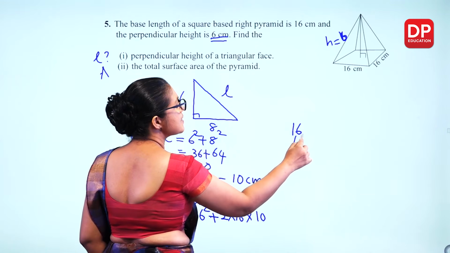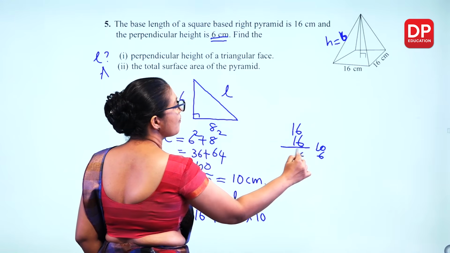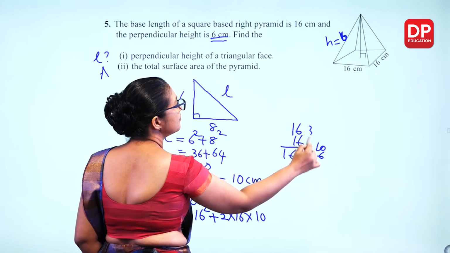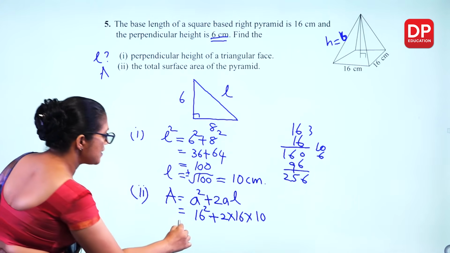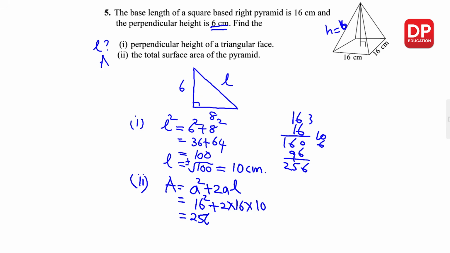You get 256. What's this one? 2 times 16, 32. 32 times 10, 320. So when you add these two together, you get 576 square centimeters for the surface area of this pyramid.